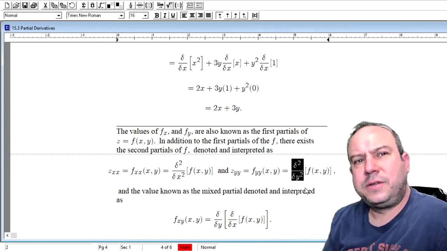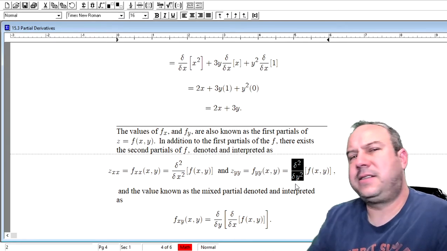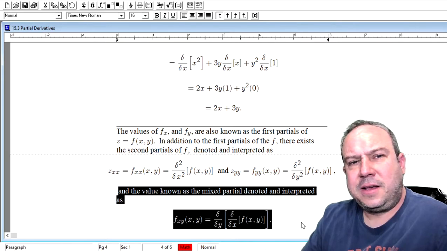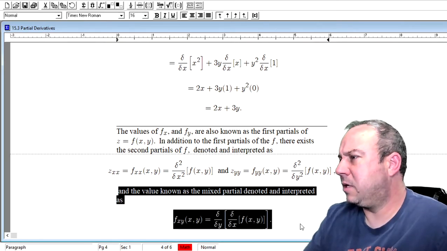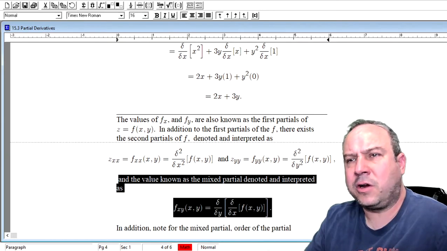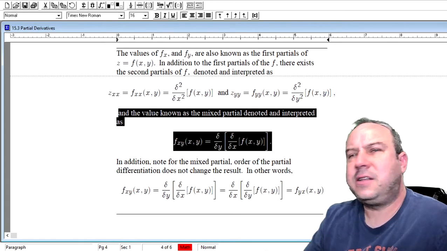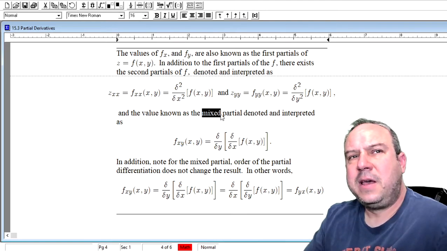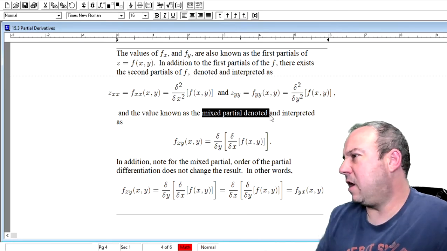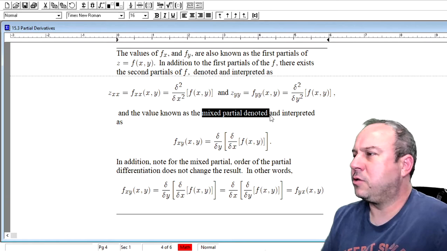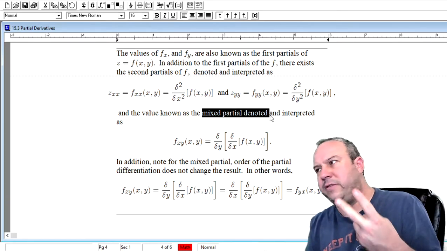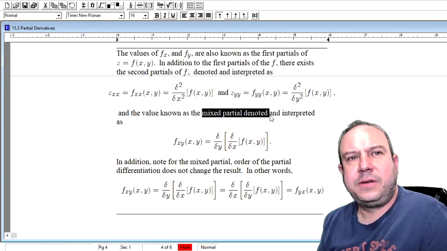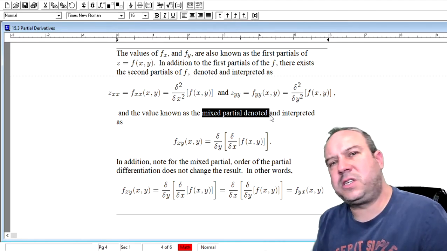Second partials. As well as there is a case that isn't really analogous, but comes about because we do have two independent variables now. And that is what's called the mixed partial. The mixed partial is an example, or a unique case of what's known as a second partial derivative. You are taking a derivative twice on a function, but not twice with respect to the same variable.